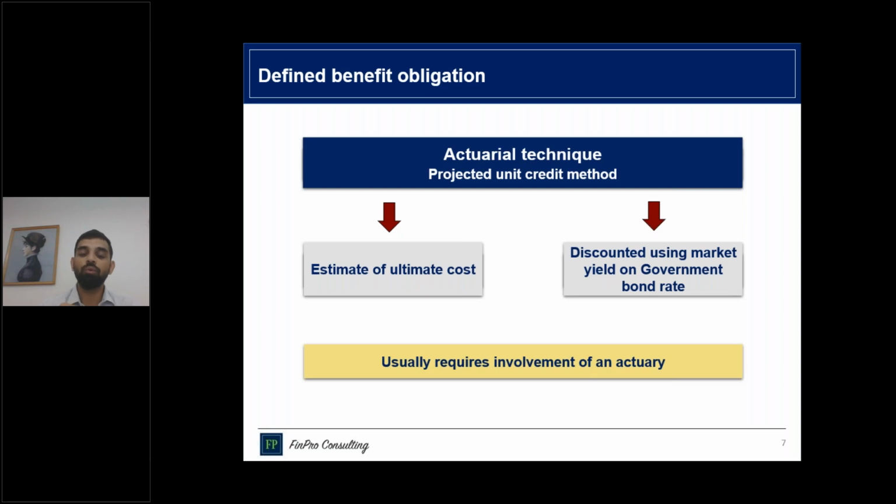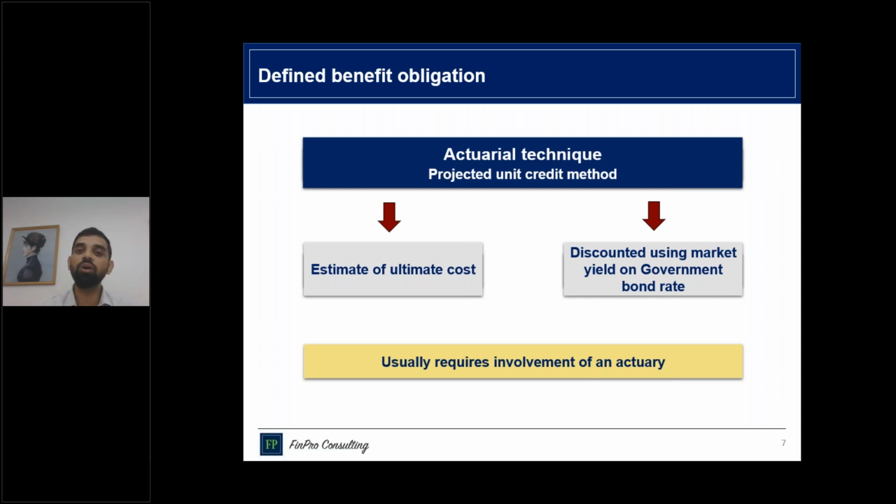So while calculating the liability of a defined benefit plan of the German subsidiary under Indian GAAP, we had to use the government bond rate as applicable in Germany for that company.